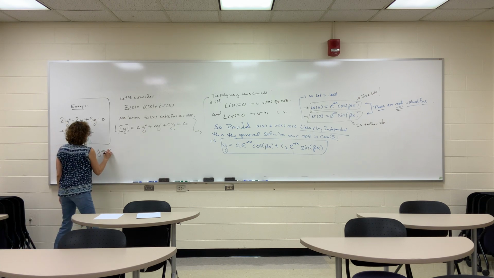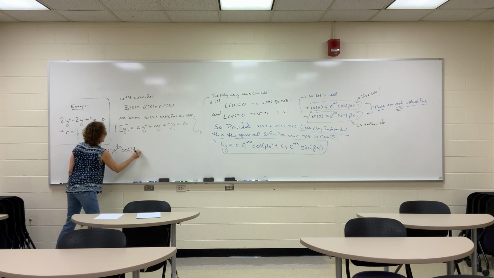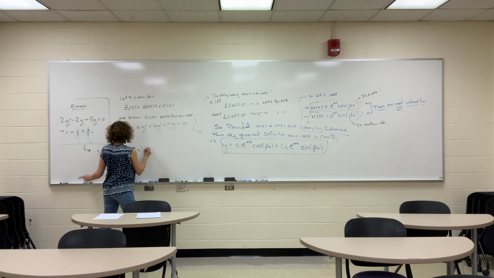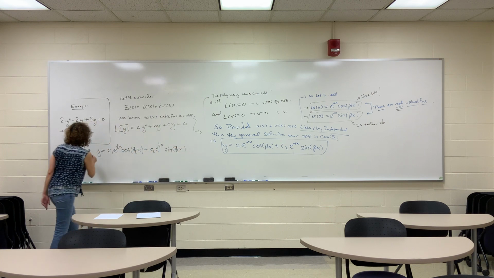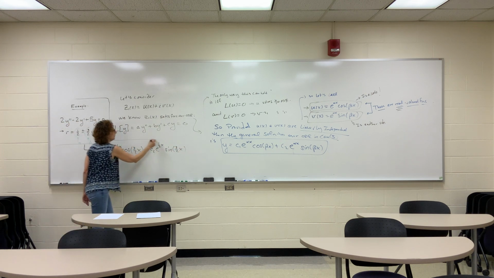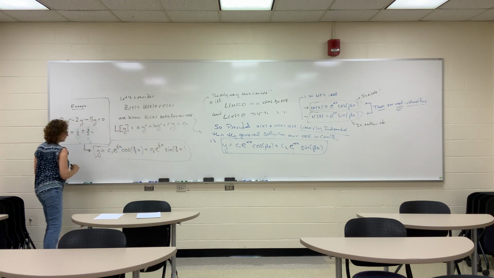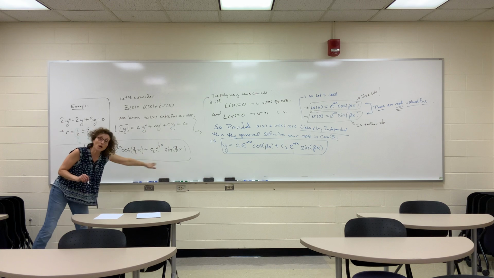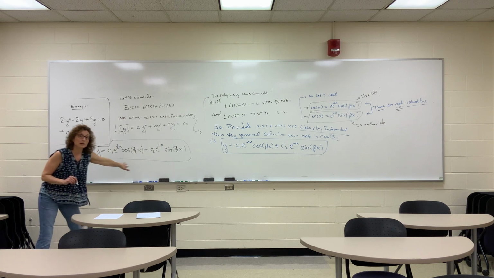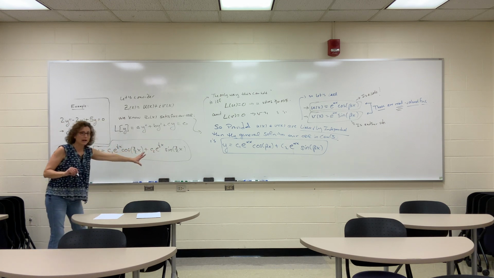So y is c1 e to the 1/2 x cosine 3/2 x plus c2 e to the 1/2 x sine 3/2 x. And that is the general solution of our example problem we did last time. Notice there's no i's in our solution. It's not plus ci, right?